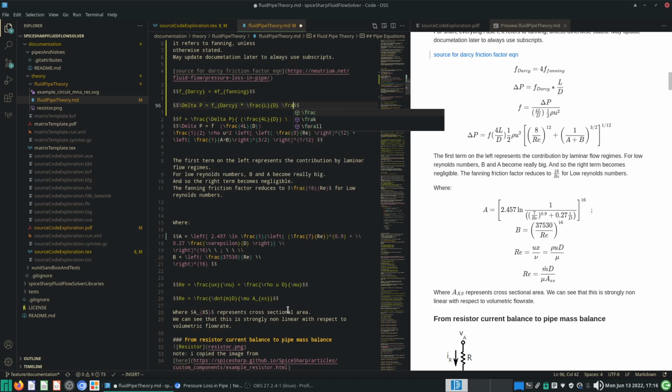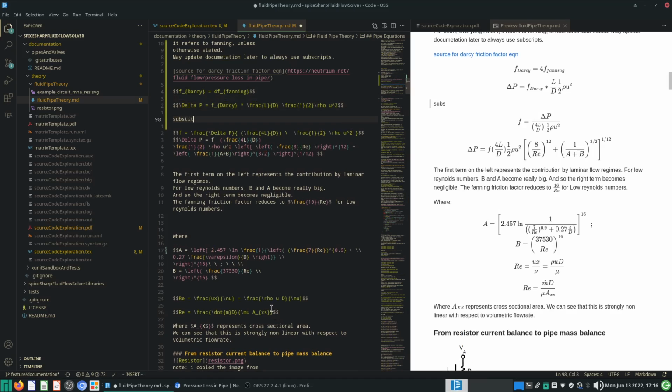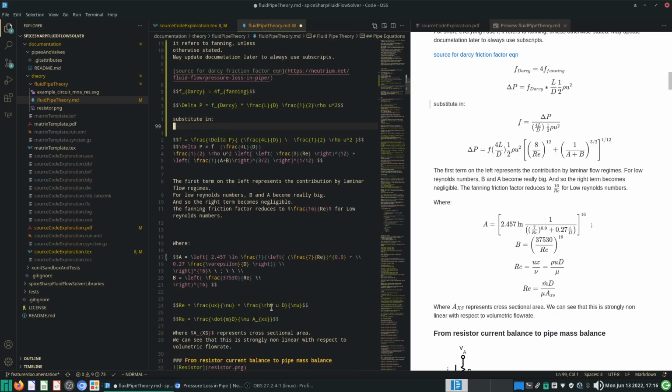Half rho V squared, fraction half rho U squared. So if you want to just substitute in, then we will get this equation here.